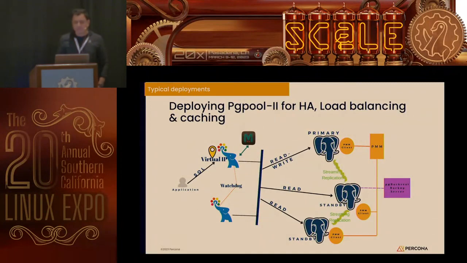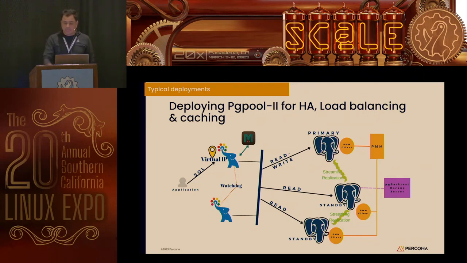Here are some typical deployments for Pgpool. This is for a three node Postgres cluster. You put 2 or 3 Pgpool-II nodes on top of that, and its watchdog handles the virtual IP. If one Pgpool fails, the virtual IP gets switched to the standby one, and the client applications use the virtual IP to connect to the service.